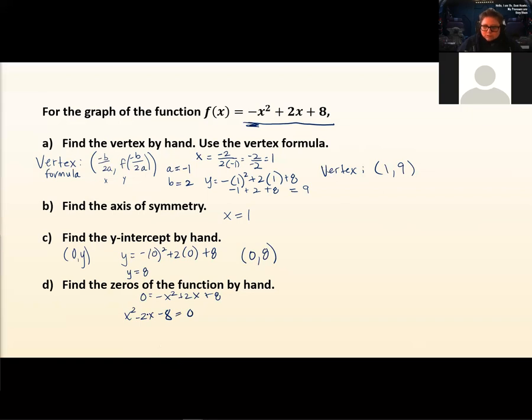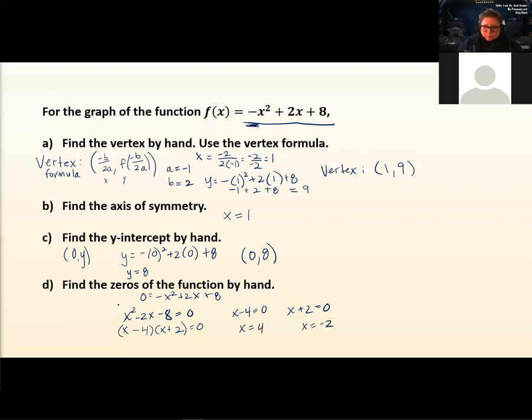Can we factor that? What are our two factors? x minus 4, x plus 2. You got it. And these are all equal to 0. So we have x minus 4 equals 0 and x plus 2 equals 0. So we have x equals 4 and x equals negative 2.